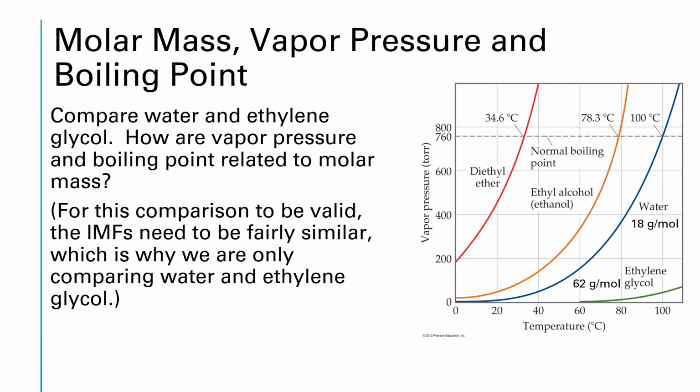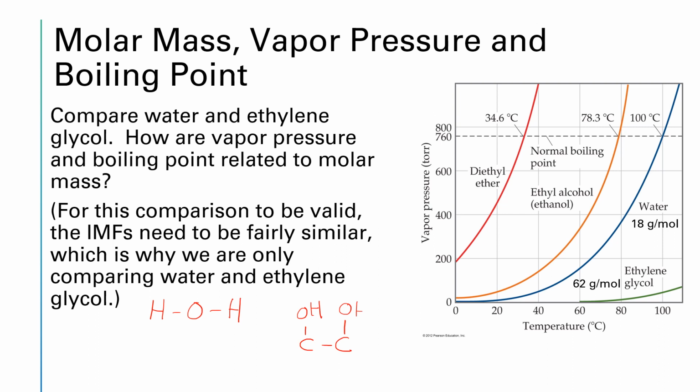Let's take a look at the vapor pressure curves for water and ethylene glycol. That's the blue and the green curves. Water, of course, is HOH. Ethylene glycol is a 2-carbon chain, and each one of the carbons has an OH group on it.